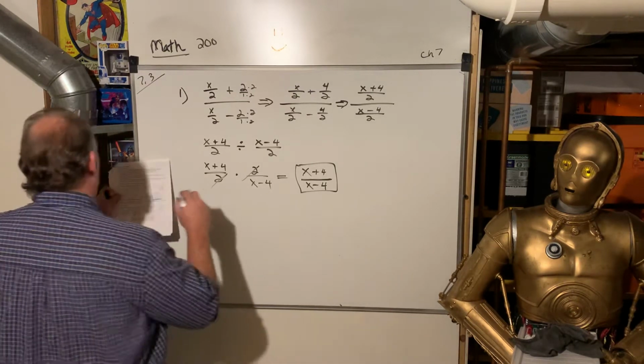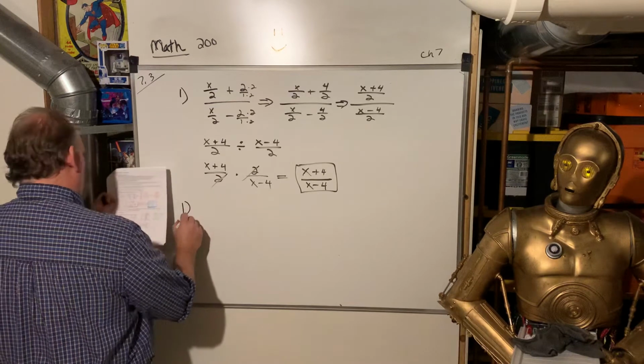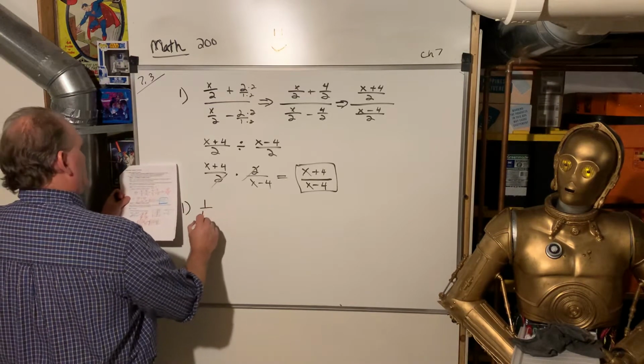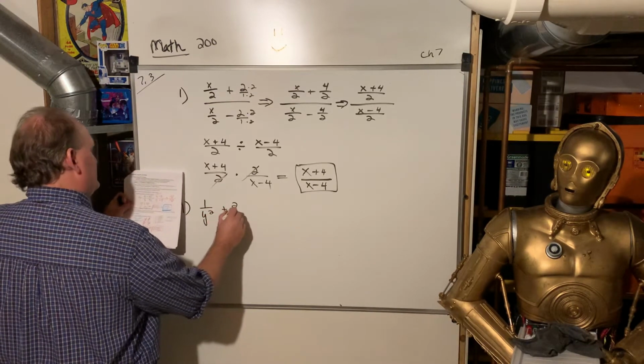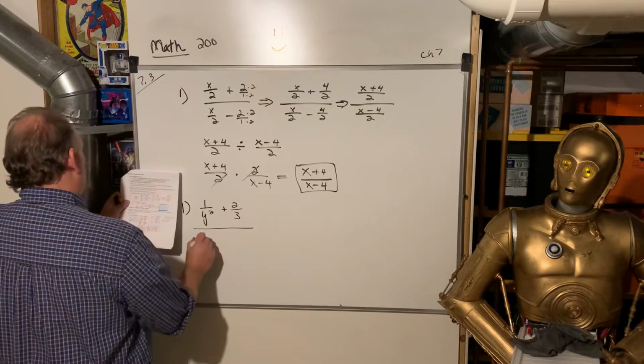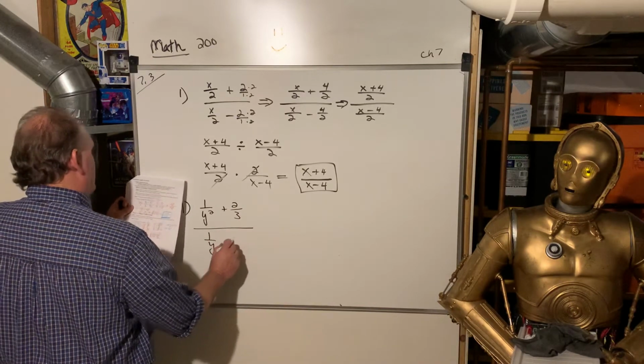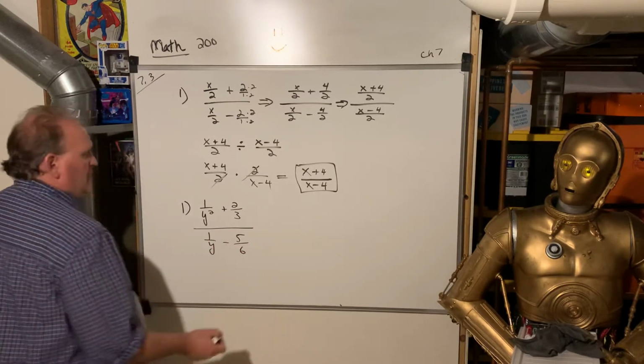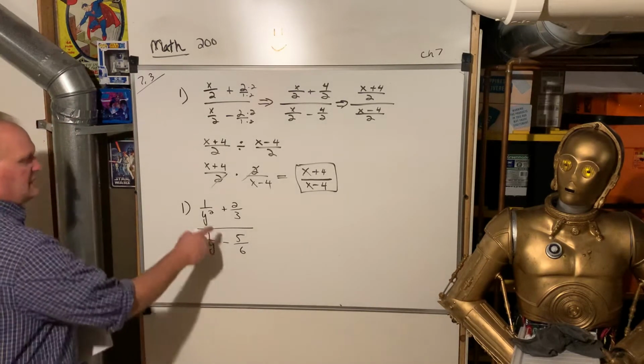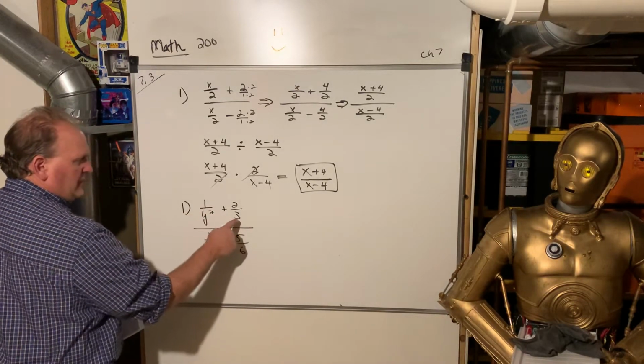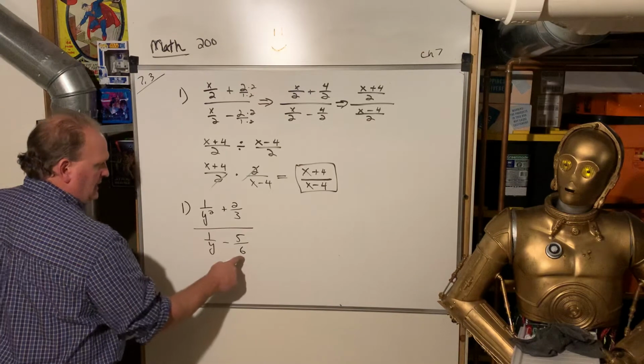So on the second one here, we've got 1 over y squared plus 2 over 3 over 1 over y minus 5 over 6. And so what you do is you find the LCD between y squared and 3 and y and 6.